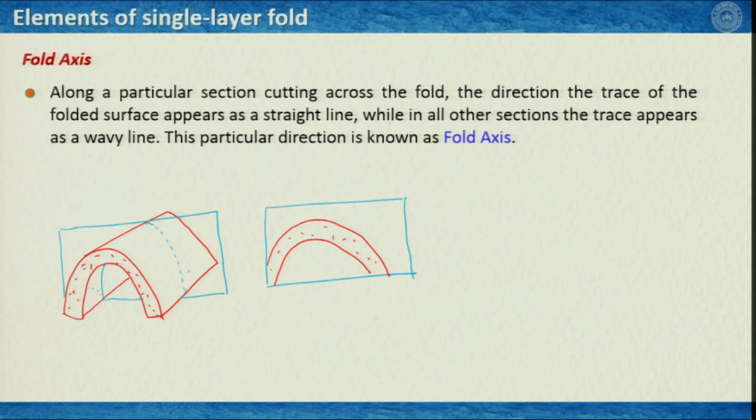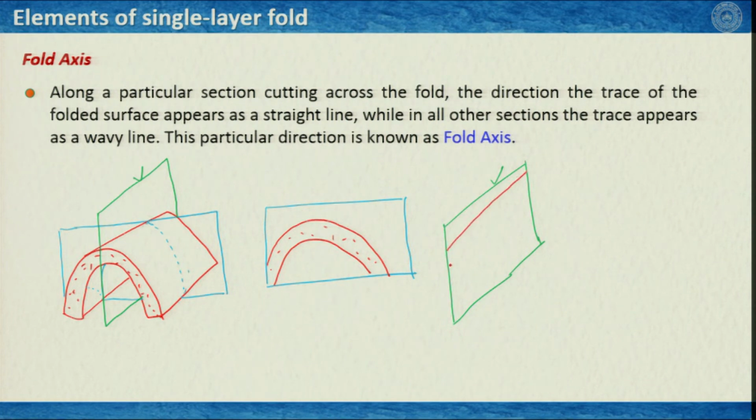However, there would be a particular plane along which this folded structure would appear as a linear structure, and in this particular case, maybe this plane. So, if I pass this plane this way, then this green plane is this one, and I would see the trace of the fold on this surface, something like that.